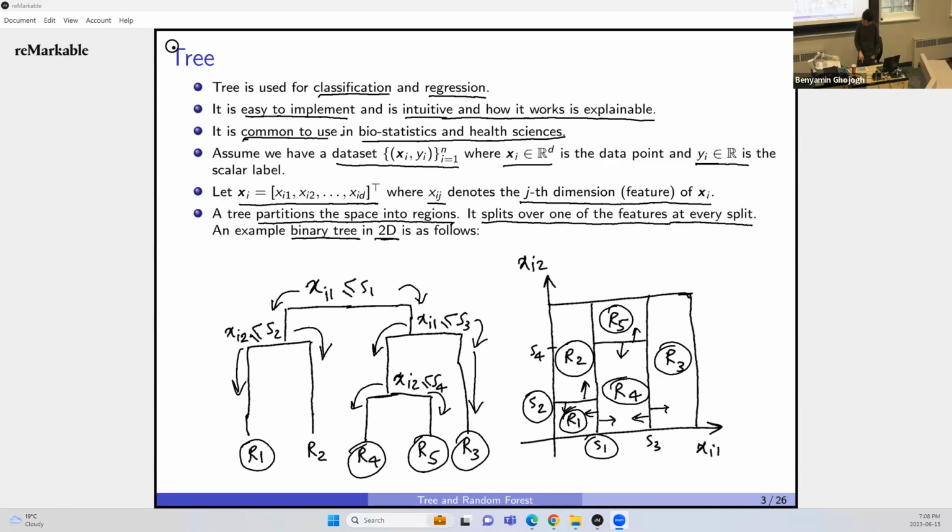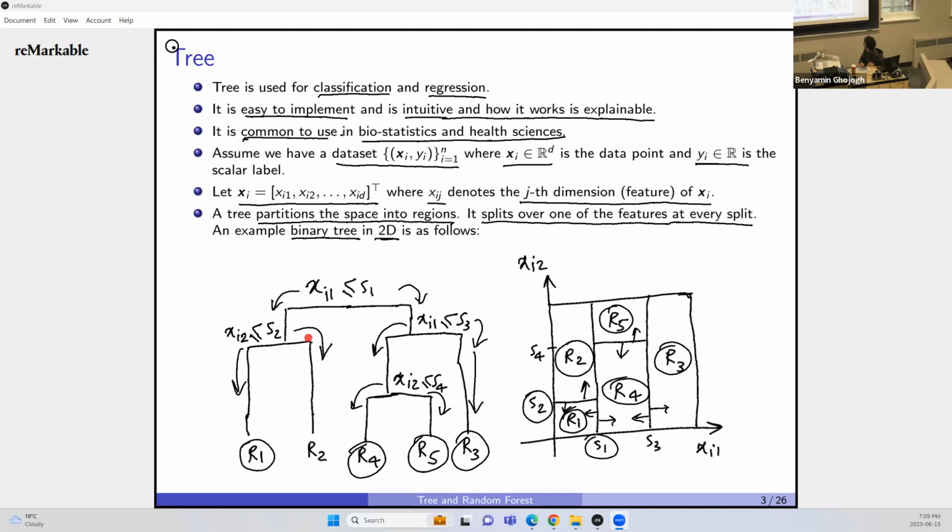For example, in this tree at the top, x_i1 means that we are considering the first dimension. If it is less than S1, we go left. If it is greater than S1, we go right. So we partition this way. Then if it is x_i2, the second dimension, if it is less than S2, we go left.